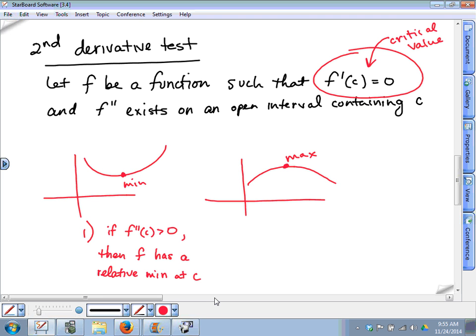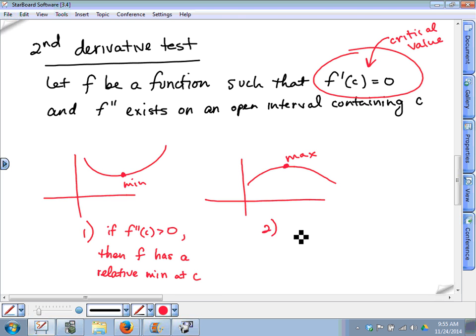This is where you've got to keep this straight. What does it mean for the second derivative to be greater than 0? If the second derivative is greater than 0, is that concave up or concave down? It's concave up, right? But if it is concave up, that means the extreme has to be a minimum. You've got to keep this straight. If the second derivative is greater than 0 at that point, it's a minimum. Because a concave upward graph has a lowest point.